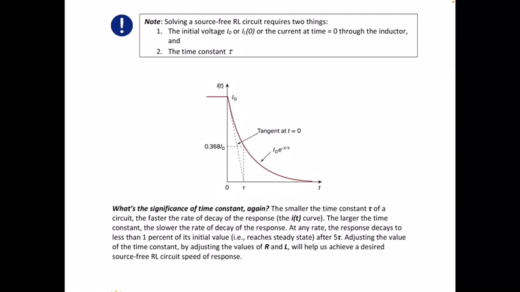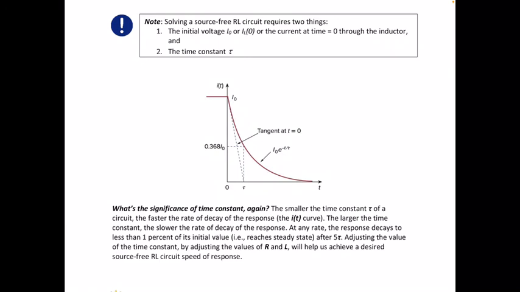The larger the time constant, the slower the decay of the response. At any rate, the response decays to less than 1% of initial value after 5 time constants, or 5 tau. Adjusting the value of the time constant can be done by adjusting the values of R and L.